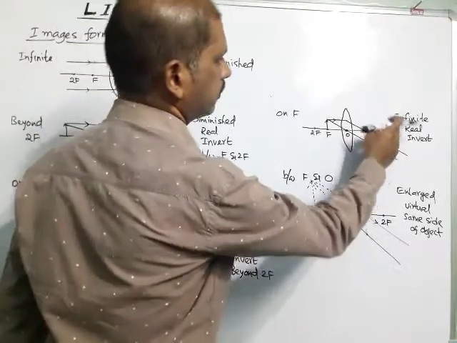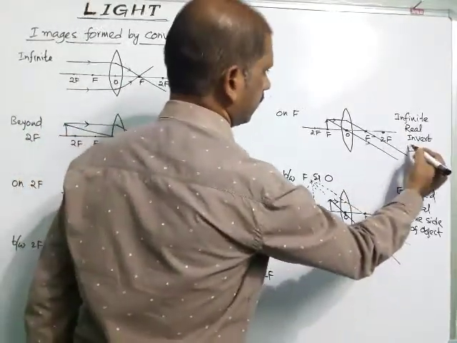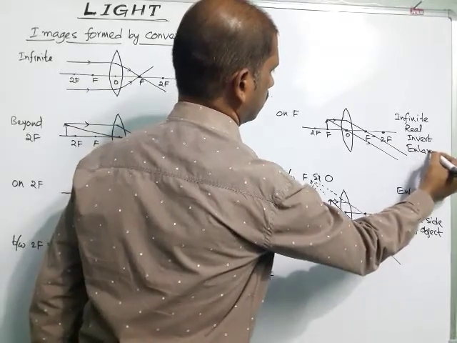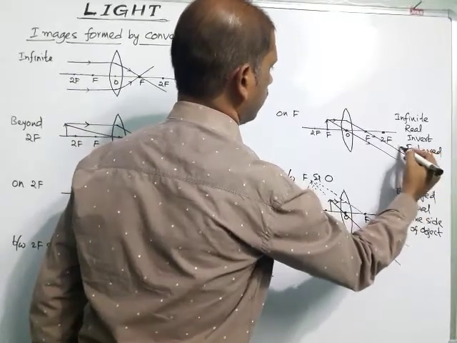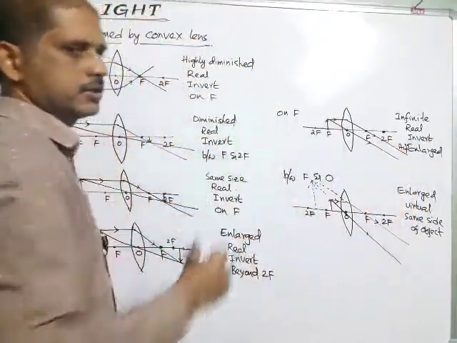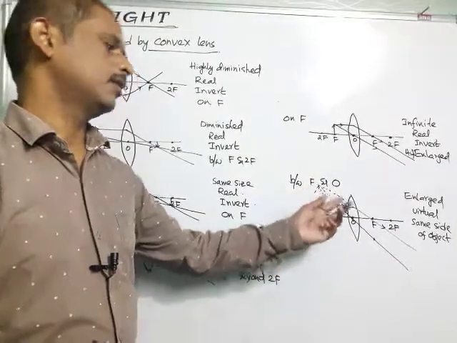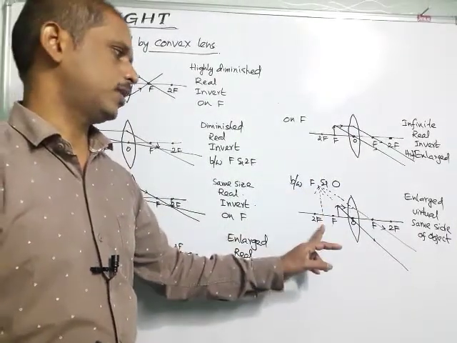So in the previous case also, the image formed at infinite distance is real and inverted. This is also an enlarged image, highly enlarged, forming at infinite distance. In this last case you can see the image is on the same side, and that is a virtual image.